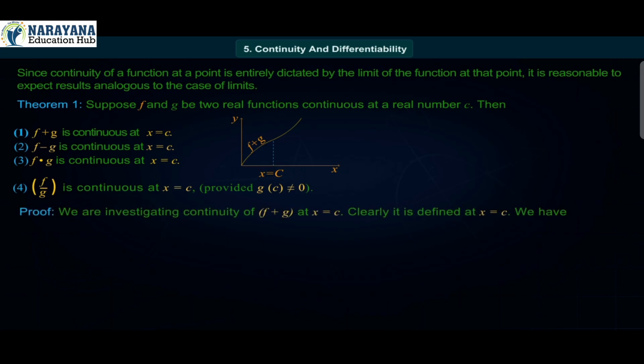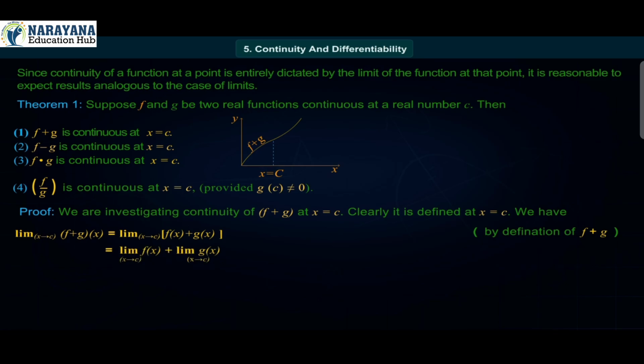Proof: we are investigating continuity of f + g at x = c. Clearly, it is defined at x = c. We have limit x tends to c of (f + g)(x), which is equal to limit x tends to c of f(x) + g(x), by definition of f + g. This is equal to limit x tends to c of f(x) plus limit x tends to c of g(x), by the theorem of limits.